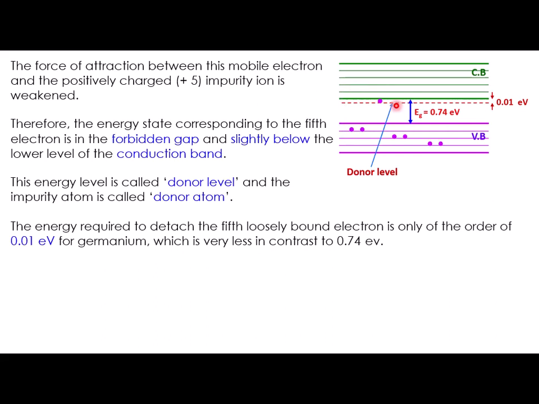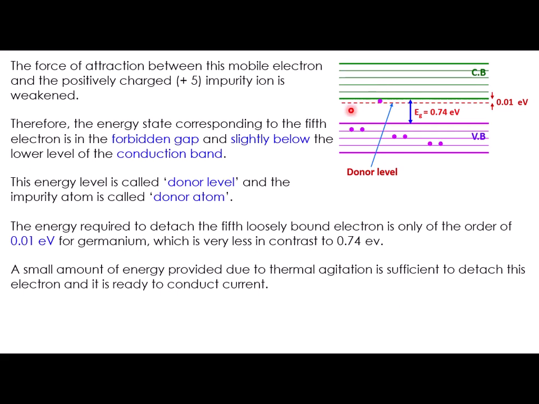Whereas to transfer an electron from this donor level to the conduction band, we require at least 0.01 electron volt of energy, which you can get very easily by supplying a very small amount of heat or by increasing the temperature to a very small value. A small amount of energy provided due to thermal agitation is sufficient to detach this electron, and it is ready to conduct current. That's why an N-type semiconductor is also called a donor type semiconductor.